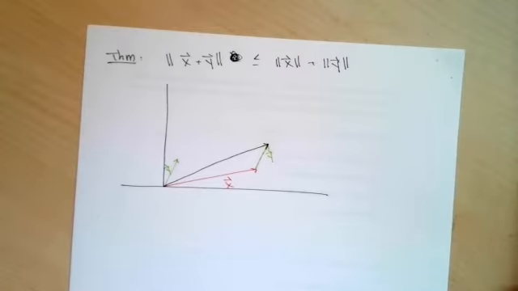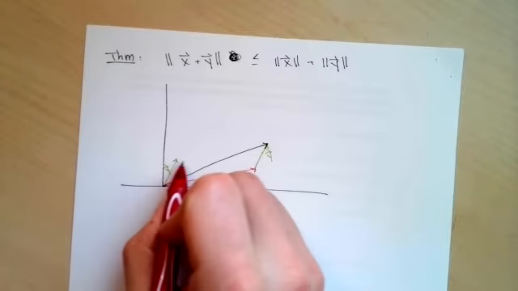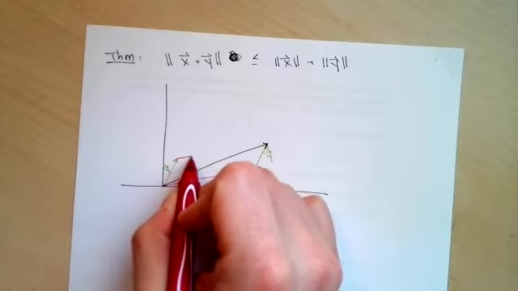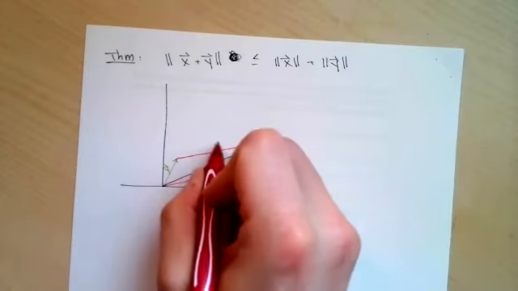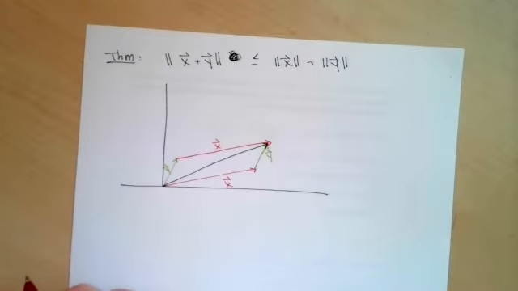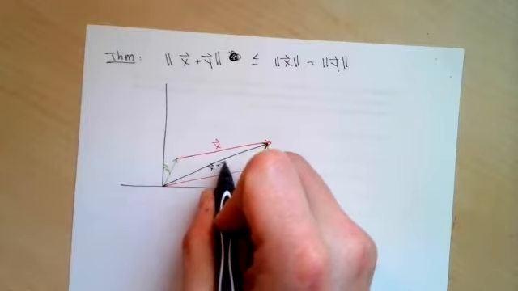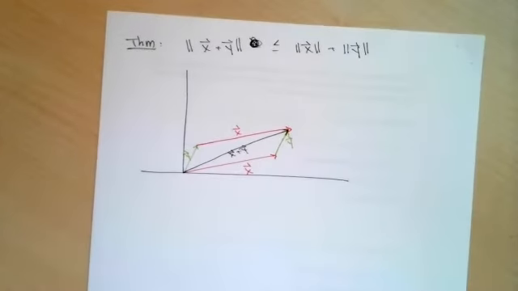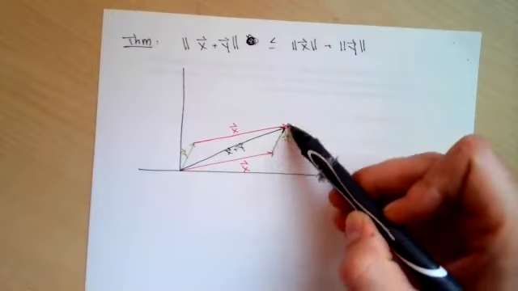You should also get the sense that, by the properties of addition, it's also going to be y plus x. So we have this parallelogram that we can draw, and we see that our vector x plus y is going to be the diagonal. So really what it's doing is comparing the diagonal of a parallelogram to the length of its sides.